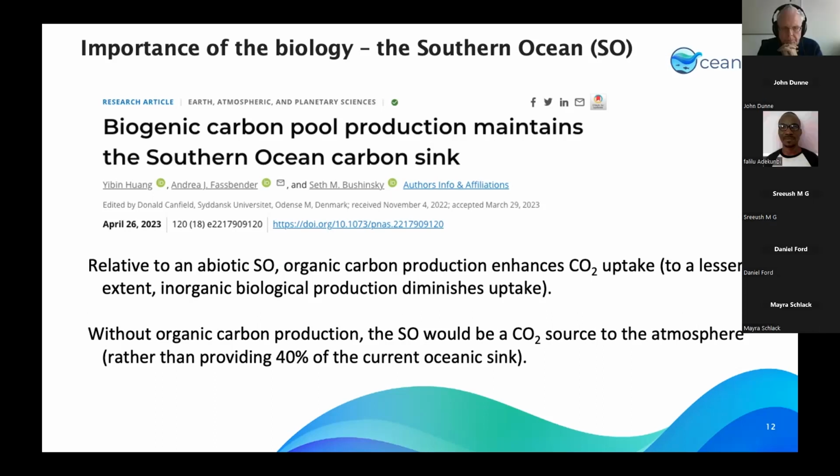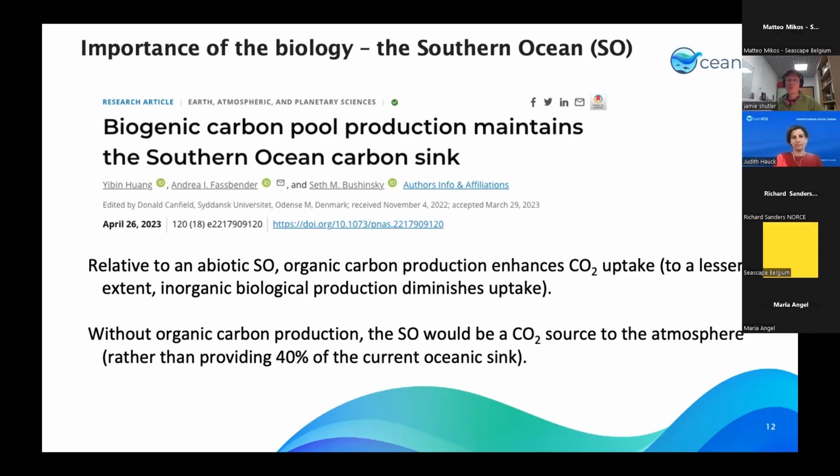This was a combination of different biological processes, which included organic carbon being the cause of the large amount of the sink, and then a small opposing direction due to inorganic carbon. So again, linking back to these coccolithophores. But clearly, there's evidence here that biology is the reason behind enabling this sink within the Southern Ocean.